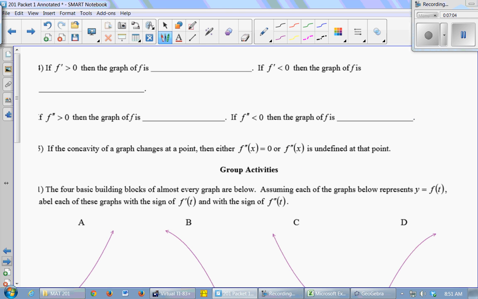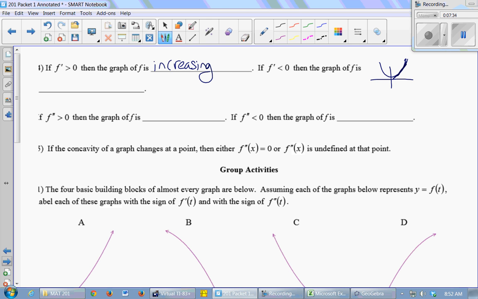All right, so when f prime is positive, this is a little review of what we've already discussed. If f prime is positive, what do we know about the graph of f? It has a positive slope, which tells you that the function is increasing. And no matter how you draw a function, if it's got positively sloped tangent lines, that function is going up.